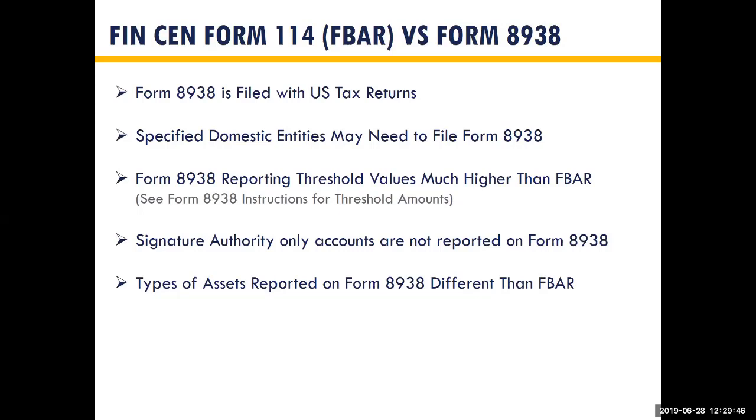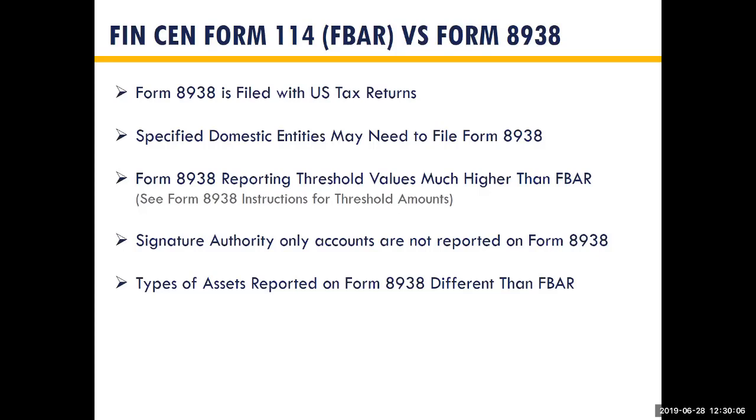Just to give you an example, the filing threshold for an 8938 for someone who's unmarried and living in the US is if the total value of specified foreign financial assets is more than $50,000 on the last day of the year, or more than $75,000 at any time during the year.